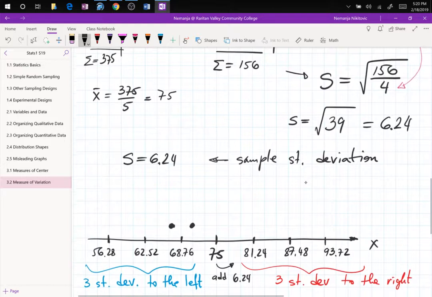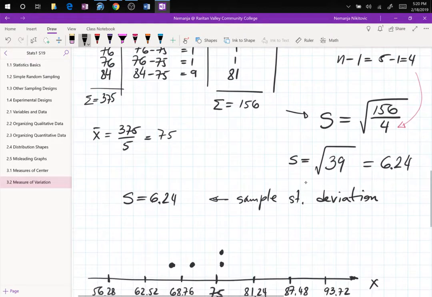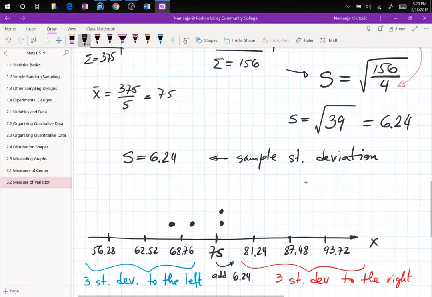Then we have 2 76s. And we have another one at 84. So these are the 5 basketball players on a dot plot.